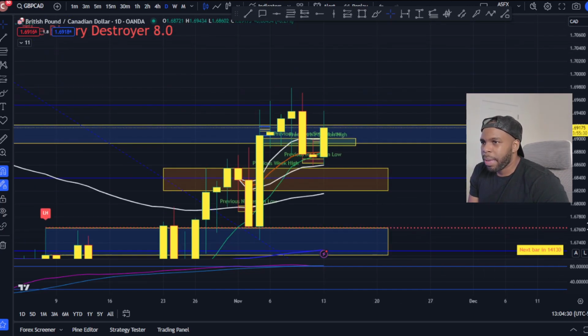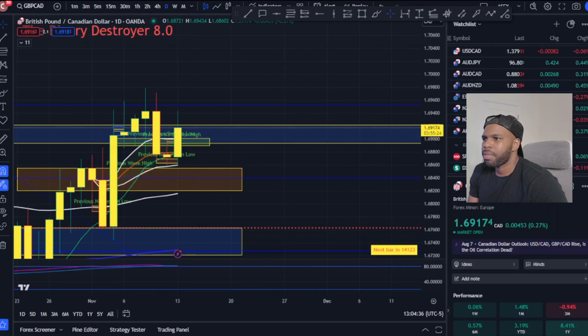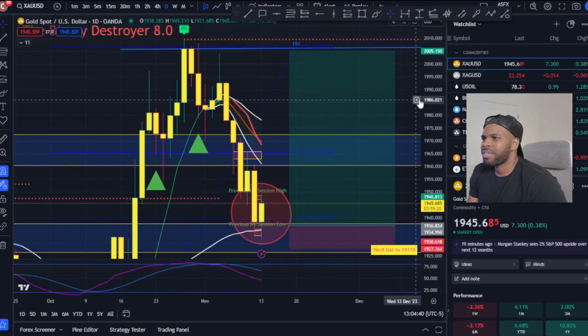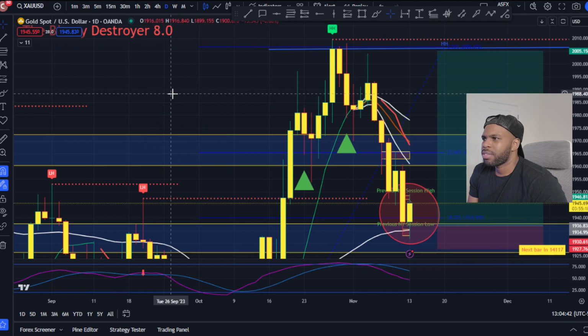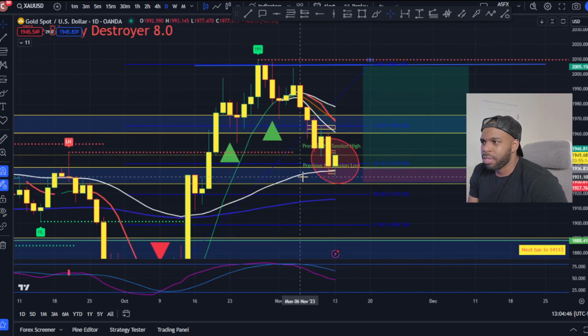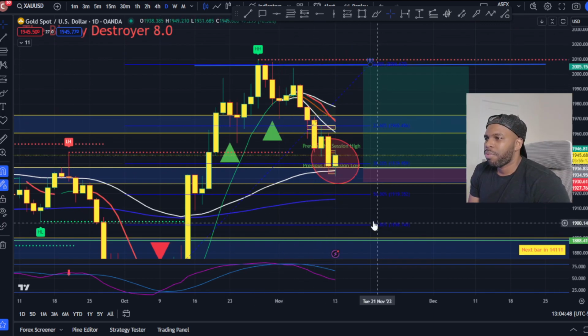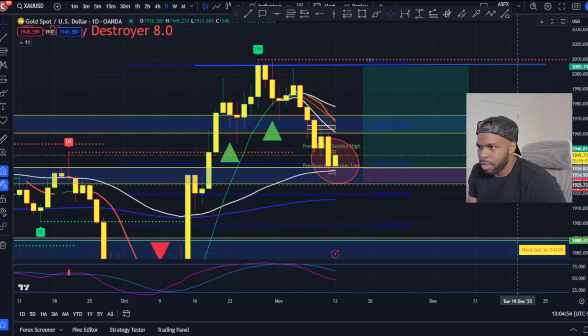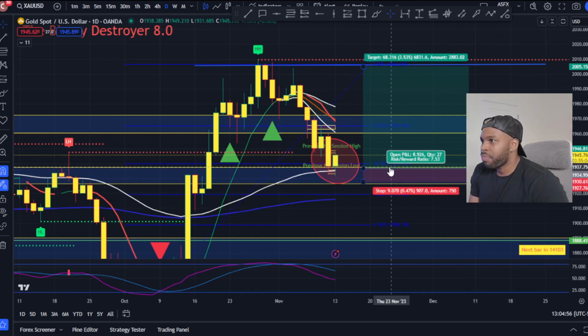The best setup out of all of these, I believe gold has the best setup. Okay, I believe gold has the best setup because, like I said, if you look at this, look how perfectly I got this drawn out. Price is rejecting the 50 EMA. Price is rejecting the area of interest based on the daily and weekly, and it's rejecting the 38.2 fib level, right?